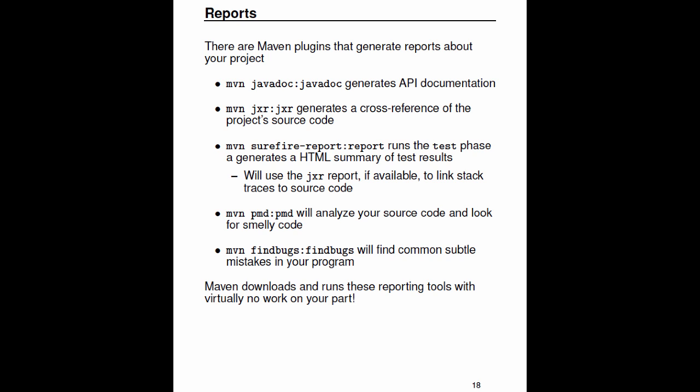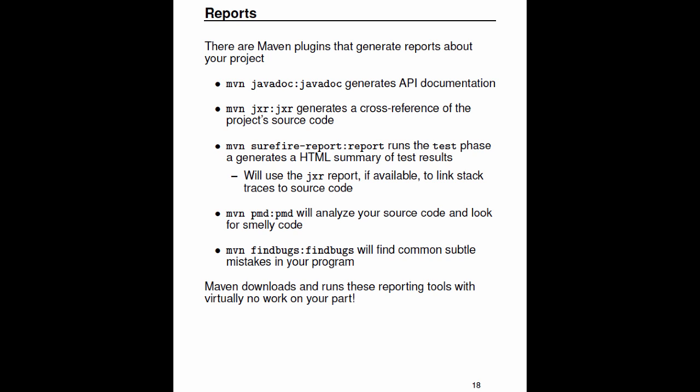So, for instance, there is a Maven plugin that will generate JavaDoc for you. There's something called JXR, which will generate a cross-reference. Imagine it's like an index at the back of a book for your project source code, and then there are other reports that will leverage this cross-reference for building other reports.